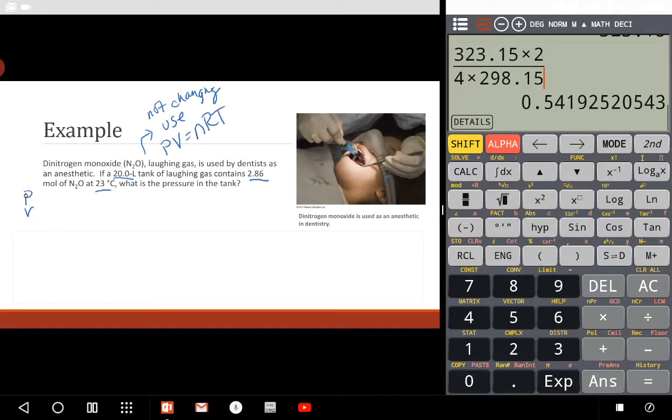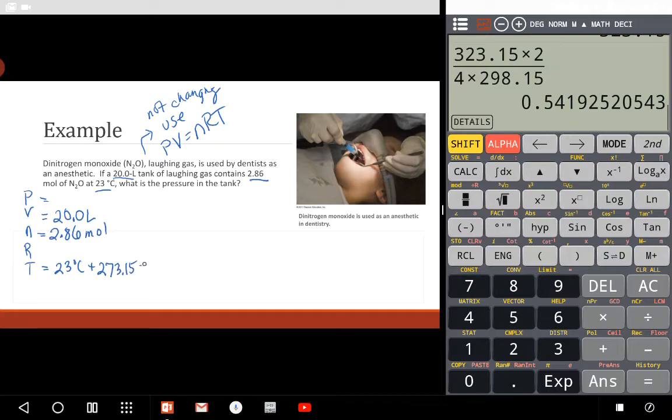So I'm just going to write out PV nRT off to the side here and identify my variables. L is liters, and so that's a volume. I am given moles of gas. And I am given a temperature of 23 degrees Celsius, and I know I got to convert that to Kelvin.